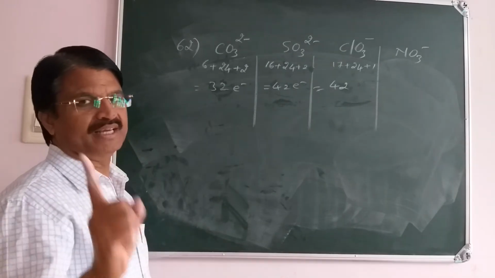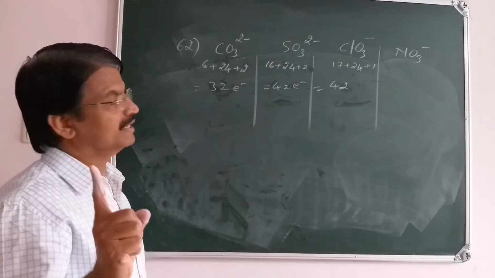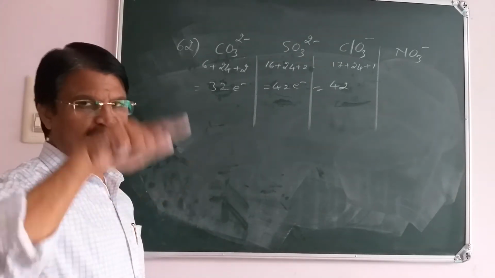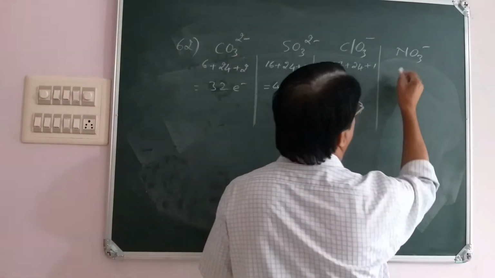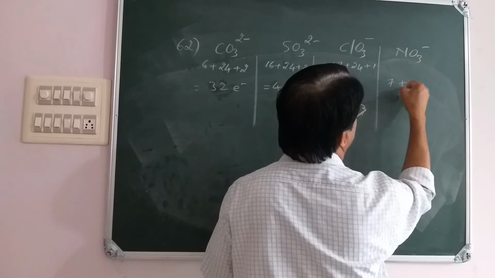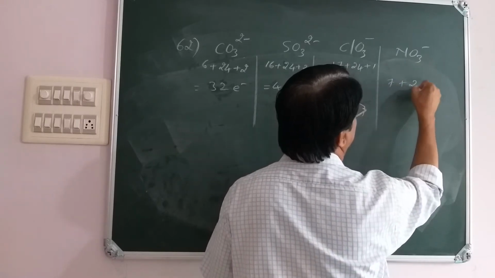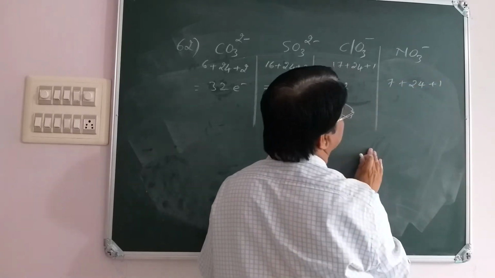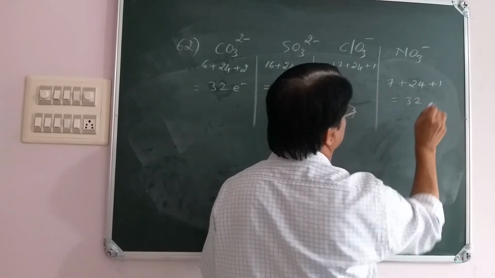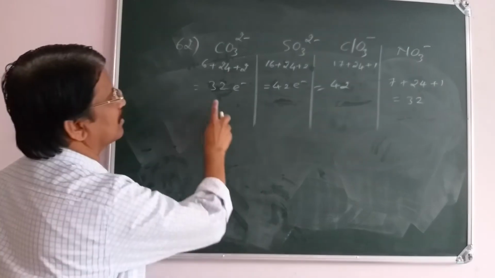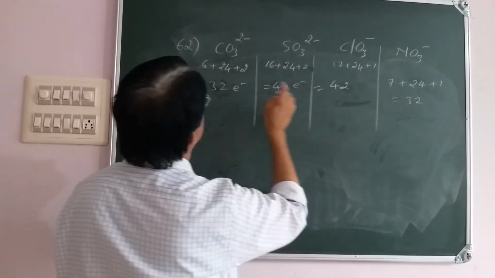But one more point they give, isoelectronic as well as isostructural. Then last one, NO3 minus: N 7 plus 3 into 8, 24 plus 1, 25 plus 7, 32. 32, 32.